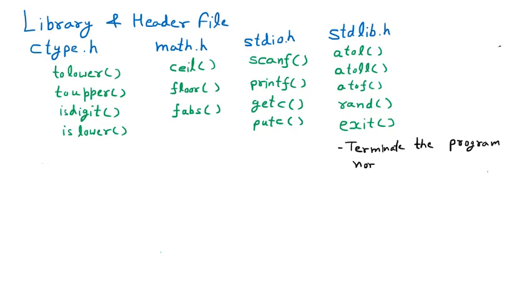That is important. Normal means the normal way. The normal way means whatever the status is there, that is going to return. Means it is going to return the status. So whatever the status value is there, it is going to return.